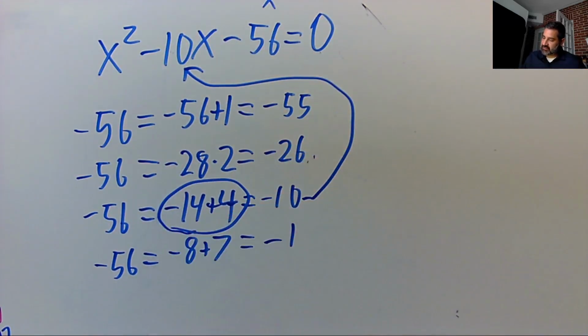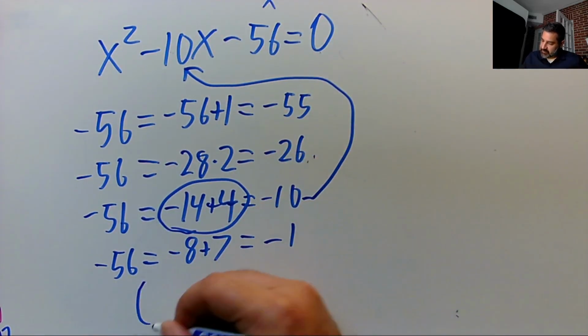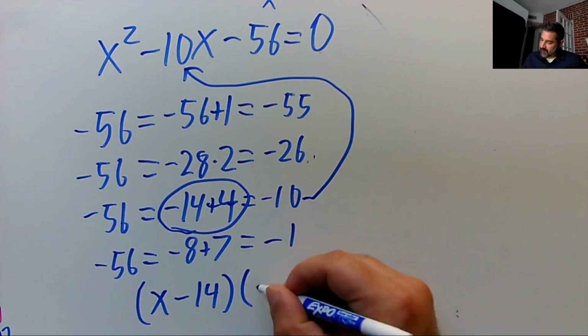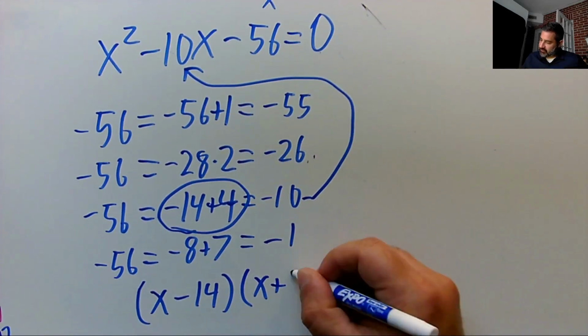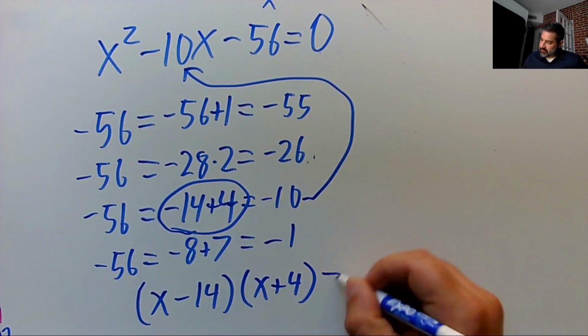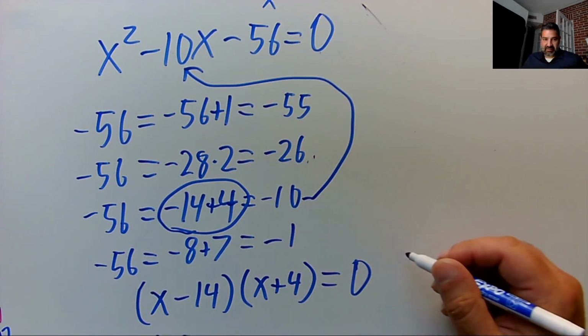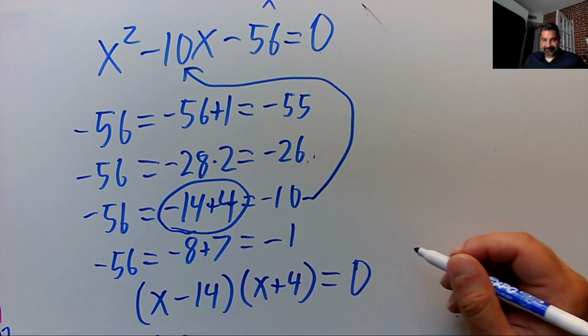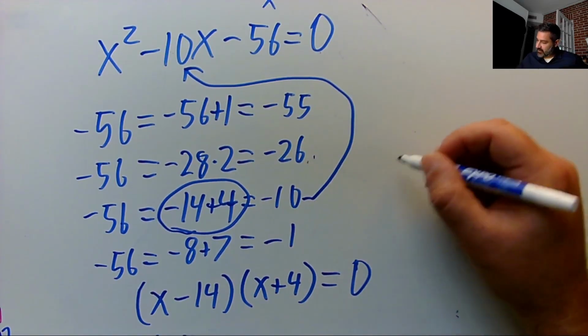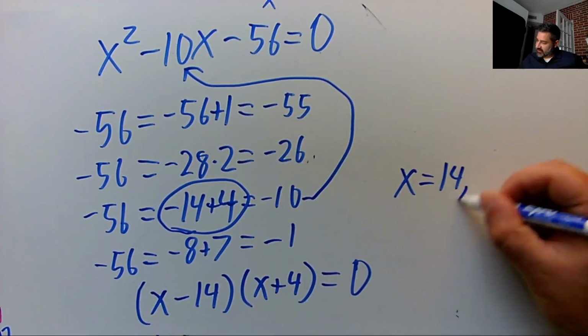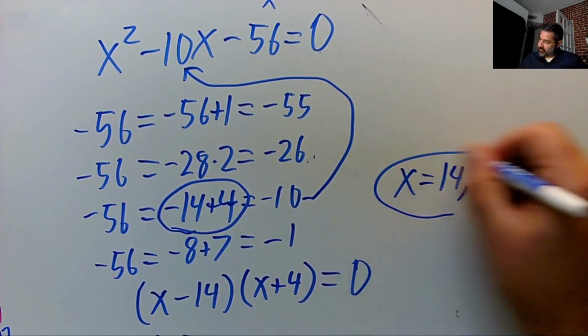So that's our solution set. x minus 14, x plus 4 equals 0. And so our answers are going to be, oh man, I hope I didn't go off the bottom. Our answers are going to be x equals 14 and negative 4.